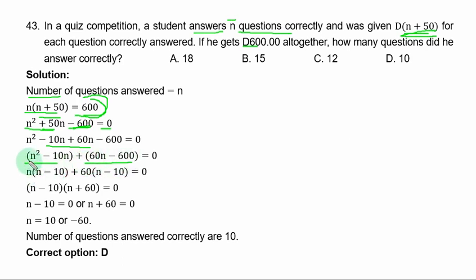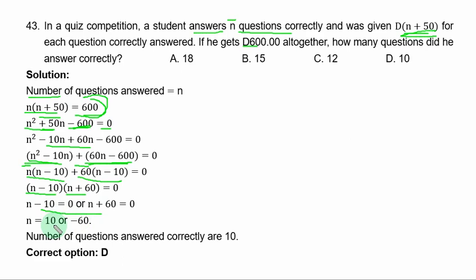You factor out n from here, you have this result. Factor out 60 from here, you have this result. Clearly n minus 10 is common. If you take it out, this n and plus 60 that are outside combine to form the other factor. You equate each factor to 0.